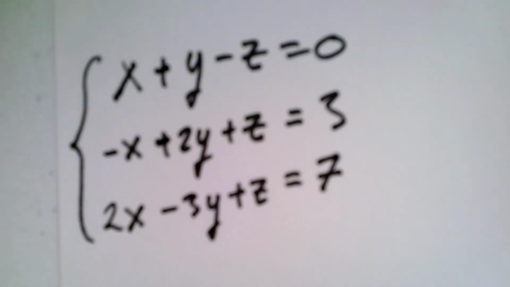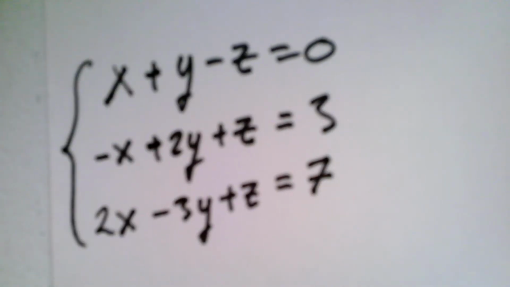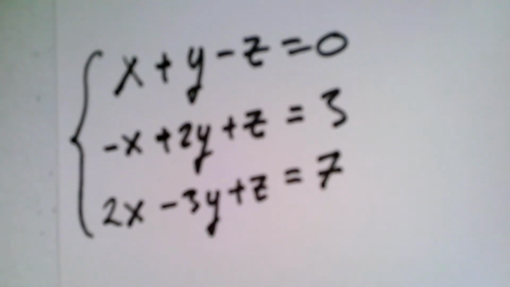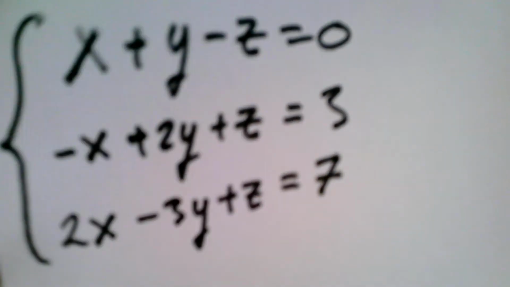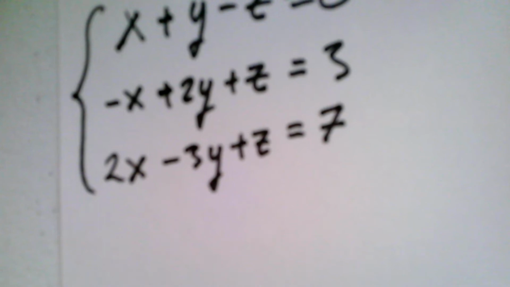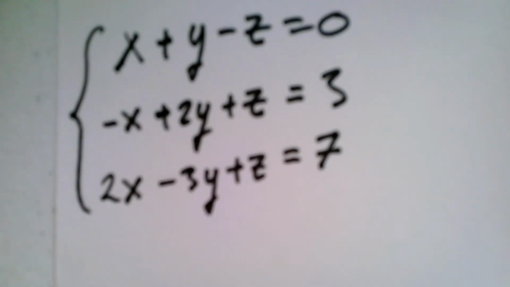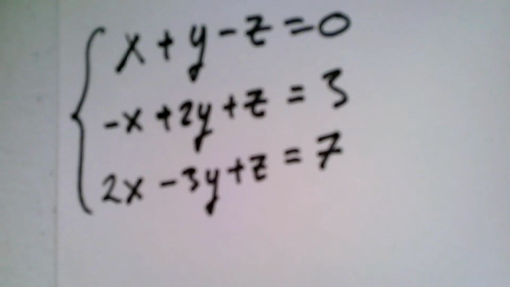But we want to try a new method. This method is going to be a matrix method, and it turns out that if you look carefully at all the numbers that show up, this is the same as doing the elimination of the variables as we did before, but it's a different way of looking at it.